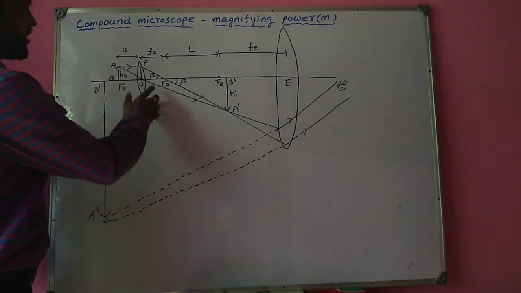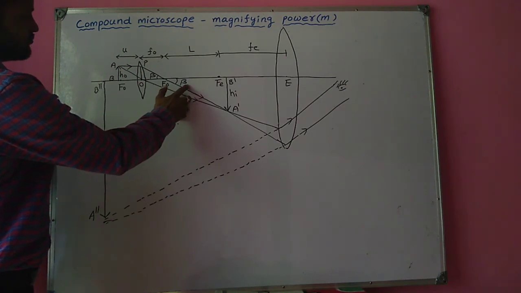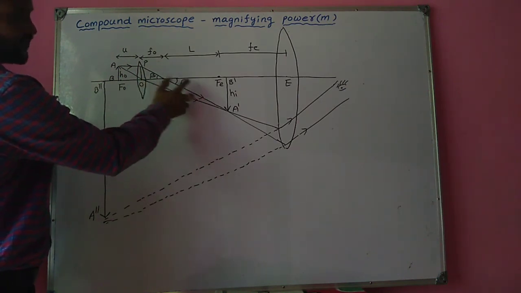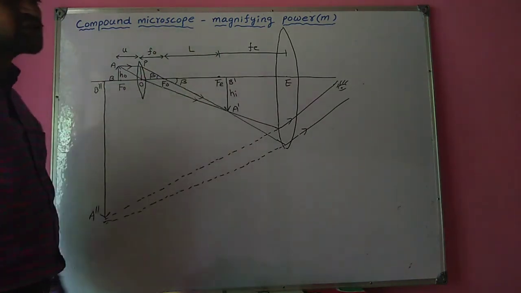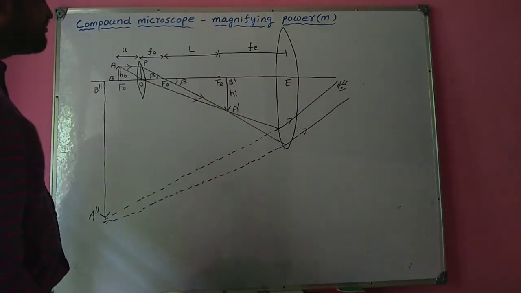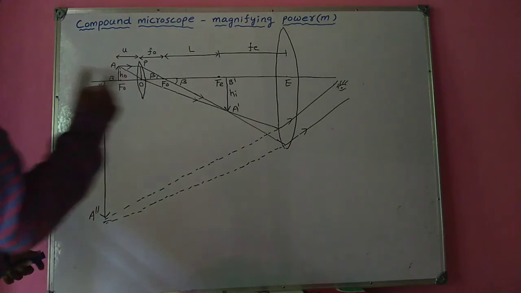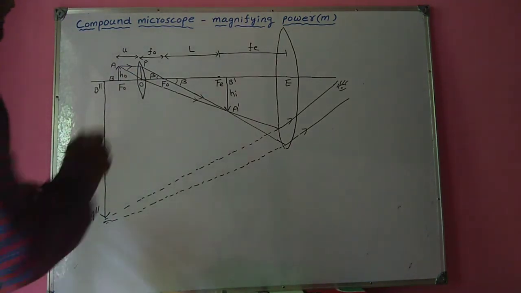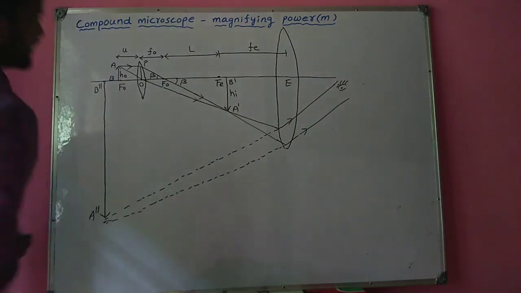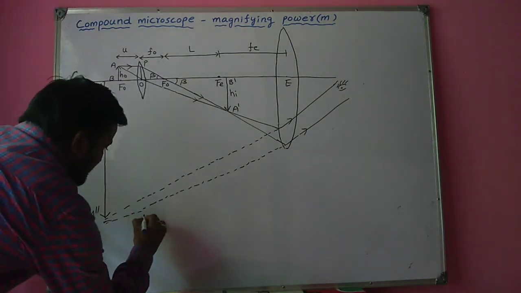Now we have considered the angles beta here. These are similar triangles. With the help of these triangles, we are now going to find the magnification. Let us consider the triangles.